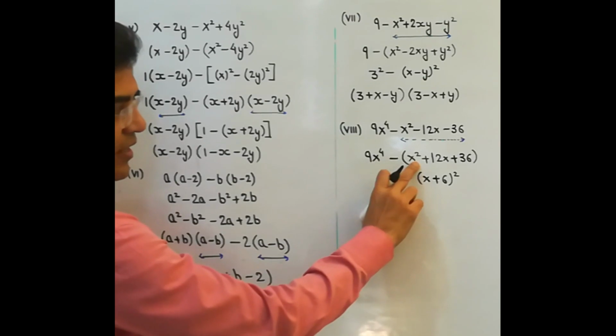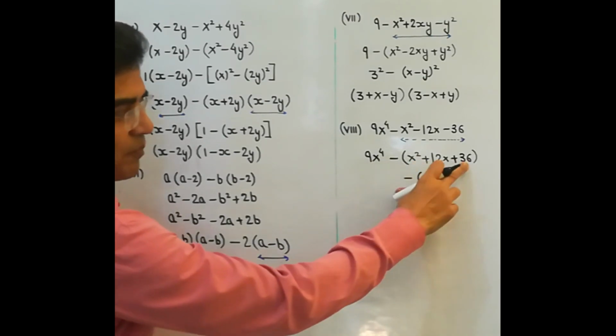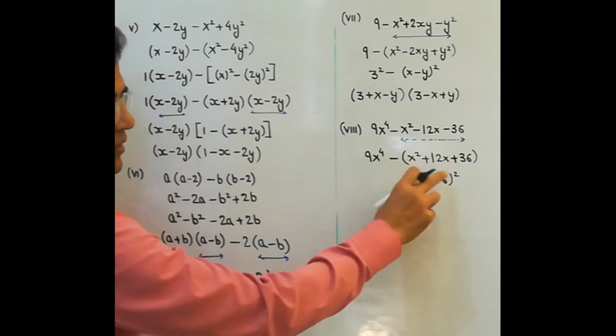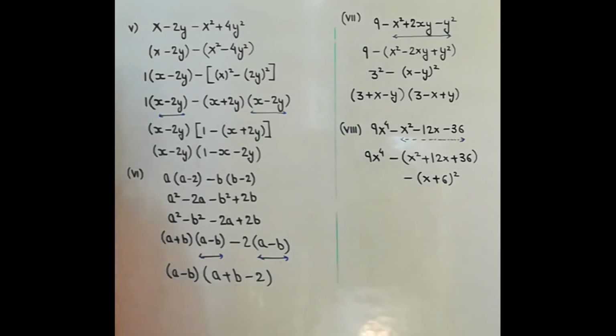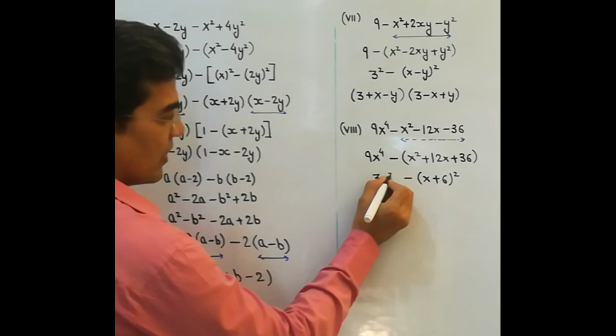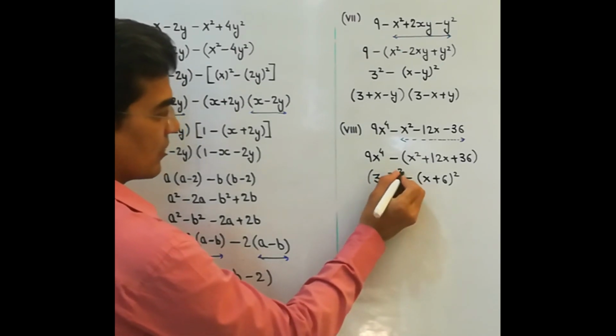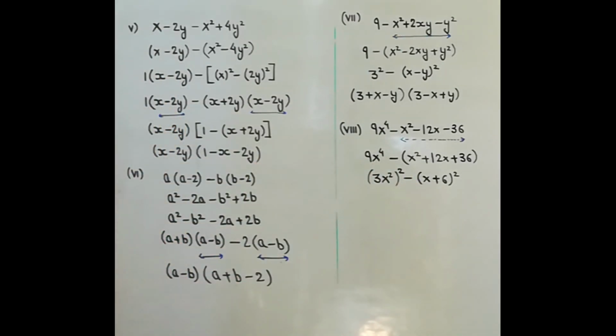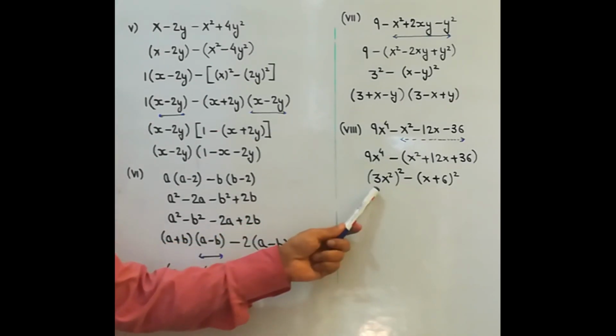This is your a square, this is your b square plus 2ab. That is a plus b whole square. And this can be written as 3x squared whole square. You can write it like this. 9x raised to the power of 4 can.